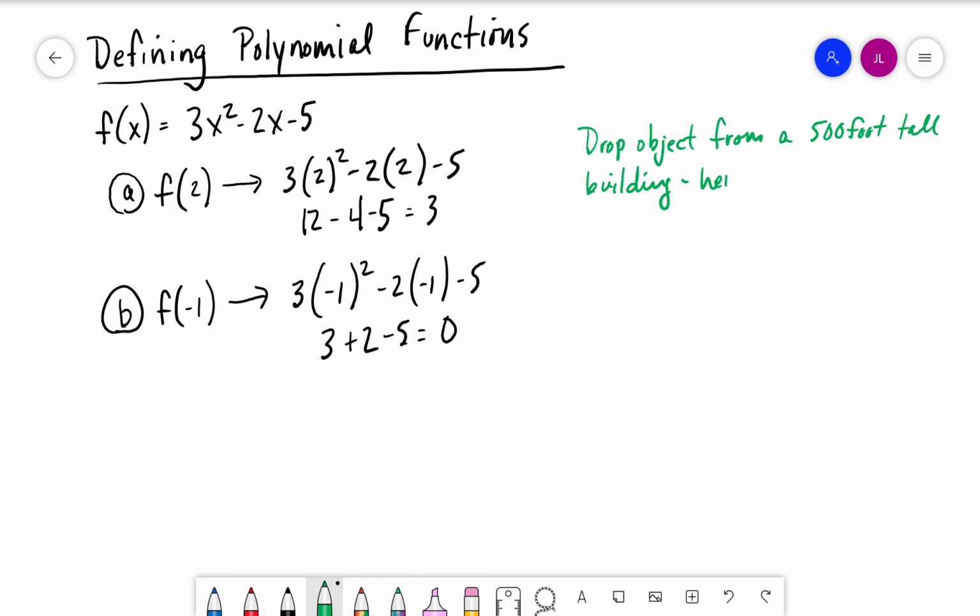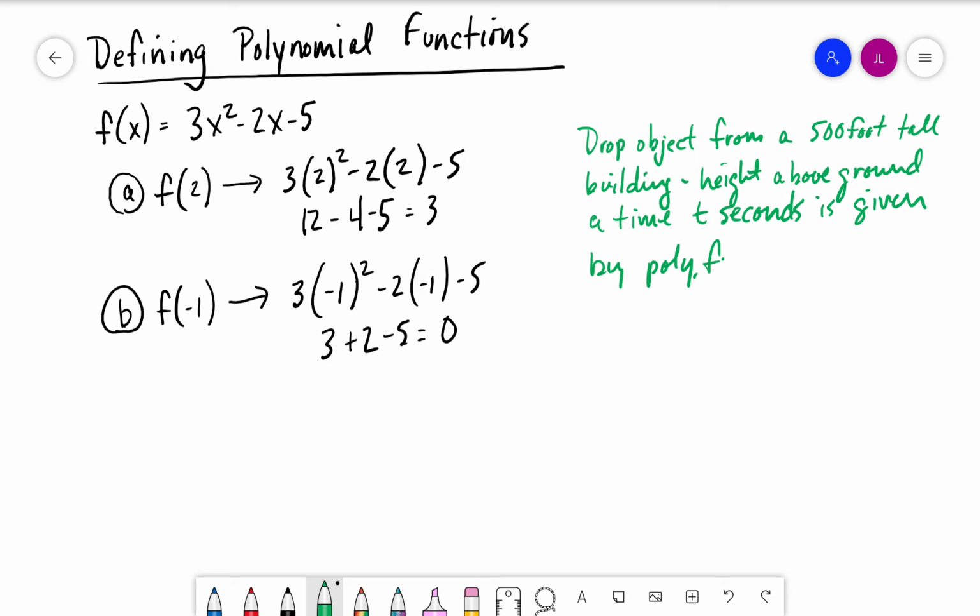So if we think about the height of the object above the ground, the height above ground at time t seconds is given by the polynomial function p of t is equal to negative 16 t squared plus 500.